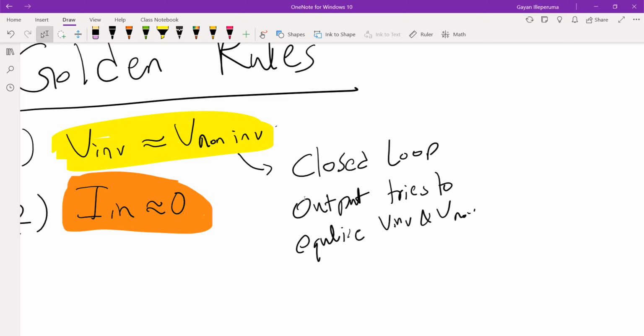So there are some new words here now. There's something called closed loop, output, equalize V inverting and V non-inverting, which basically means the delta V should be 0. So this is not happening always. For this to happen, it needs to be a closed loop, and even then it is not guaranteed because it says tries. So it may work or may not work.